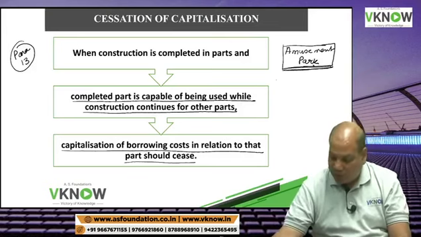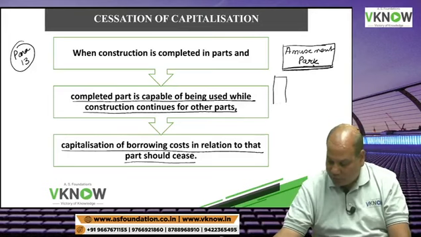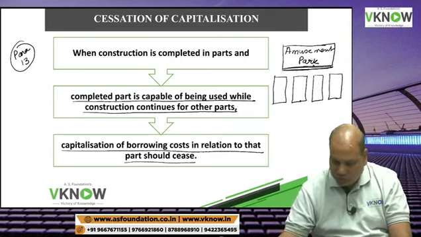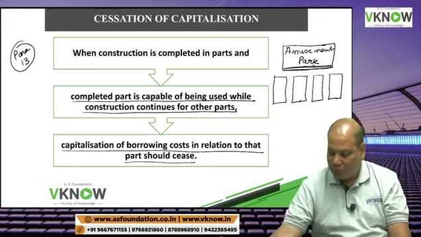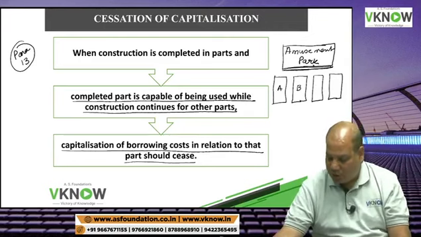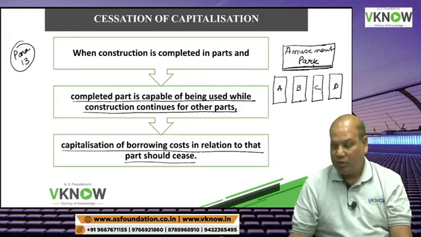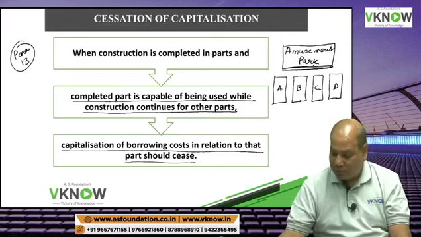Now what happens? There are many buildings in this amusement park. If you go inside, there are many fun activities in different buildings. So let us call it building number A, B, C, D. These are where the games, shows, dance, thrill events happen.